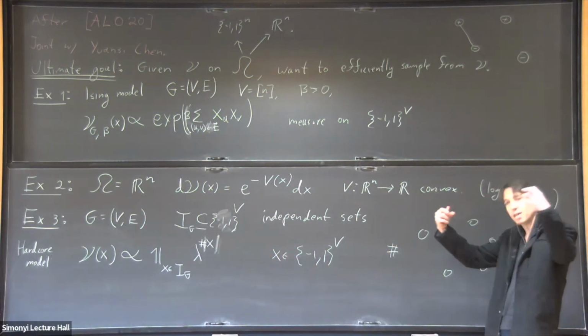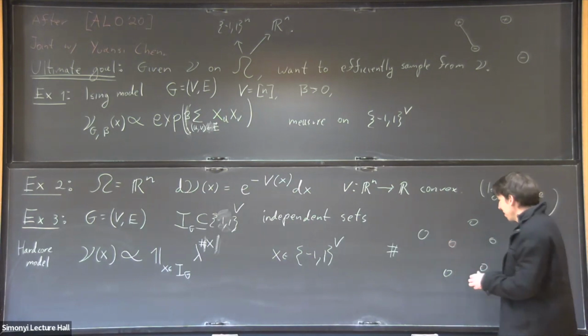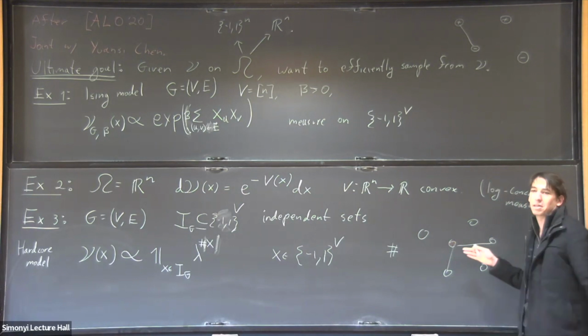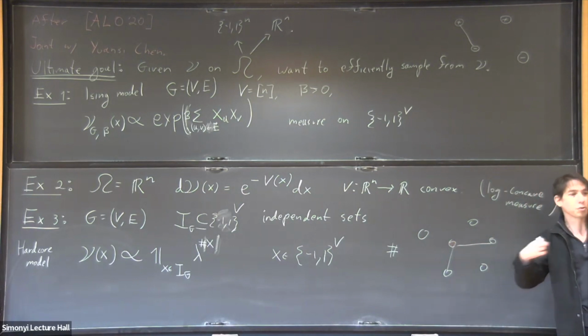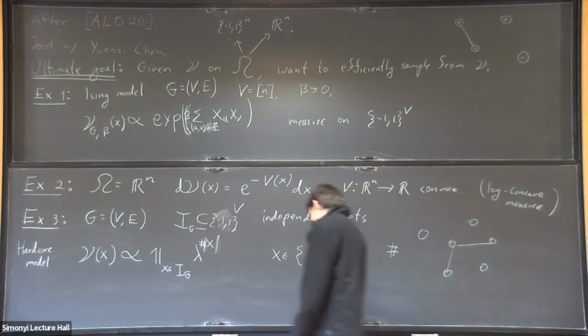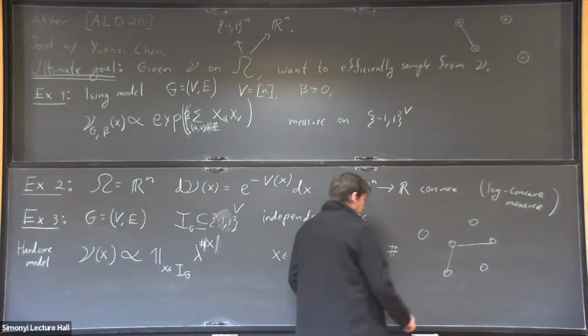And these are like hardcore particles in the sense that if there is a particle here, there can't be any particle adjacent. They repulse each other in a way that can't compress or whatever.